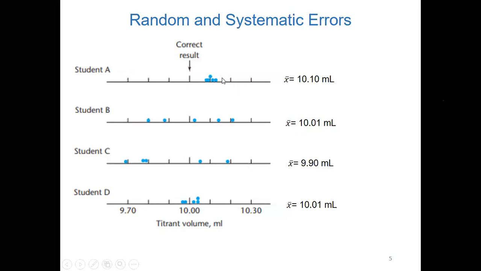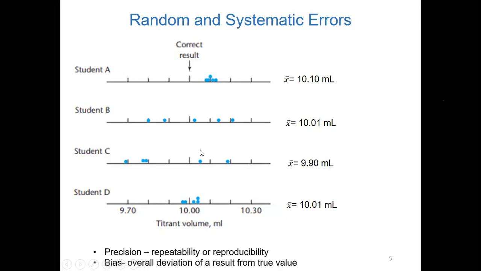So for student A, these are the results, and the mean value is 10.1, right? Okay, before that, I would move this one a little.